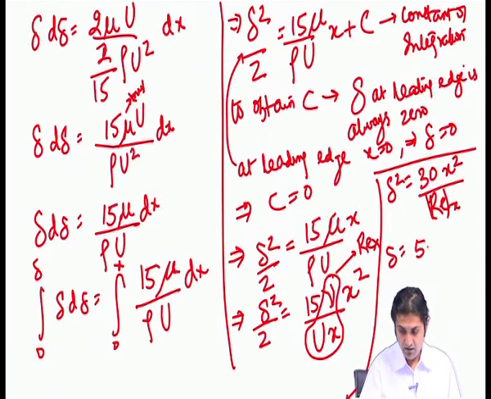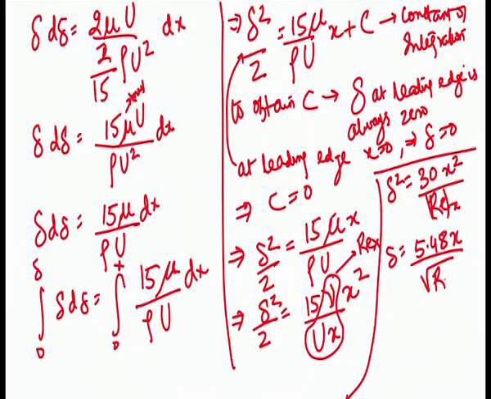So 30 when done under root becomes 5.48x divided by under root Re_x. All right. So this is our first answer, boundary layer thickness. Now the second part, I will erase all ink.